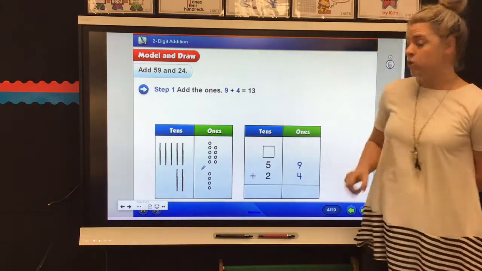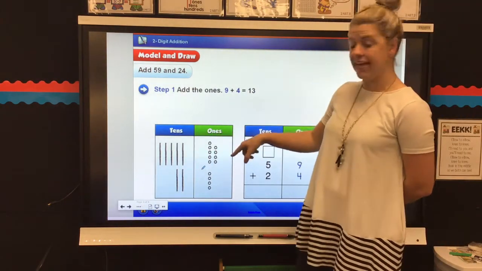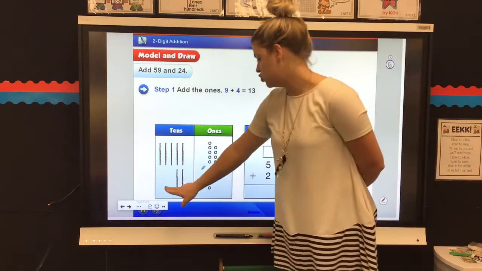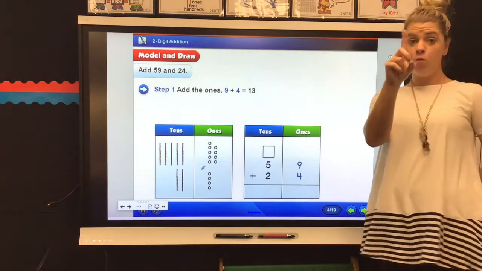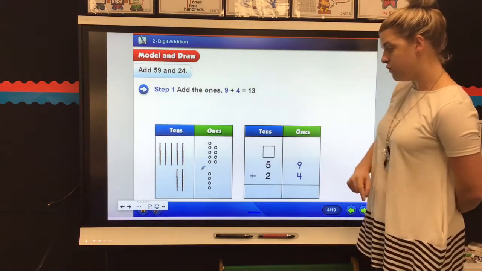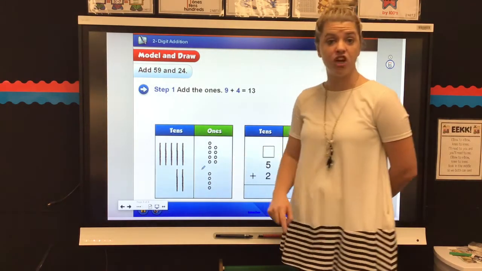We're going to add the ones. We have 9 ones because we have 59 plus 24. So you see our problem? 59 plus 24. Step 1, we're adding 9 plus 4. Okay, 9, 10, 11, 12, 13.